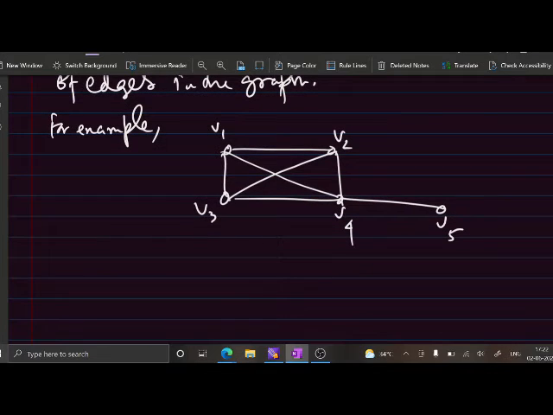Then what is the sum of the degrees? What is d(V1)? 1, 2, 3, so it is 3. What is d(V2)? 3.